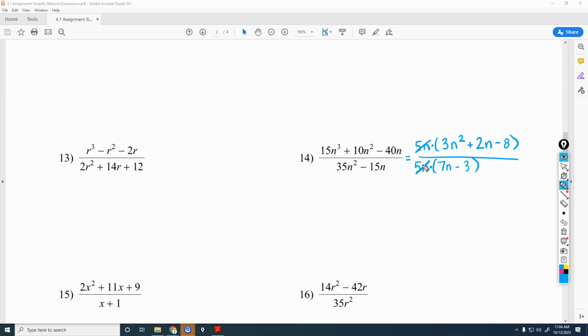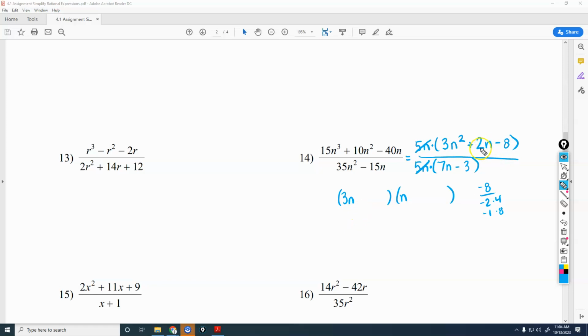I can try to factor the top. So to get 3n squared, I would have 3n and n. To get negative 8, I could use negative 2 and 4 or negative 1 and 8. And this is one of those where we've got to guess and check. It's not going to give you 2 in the middle.